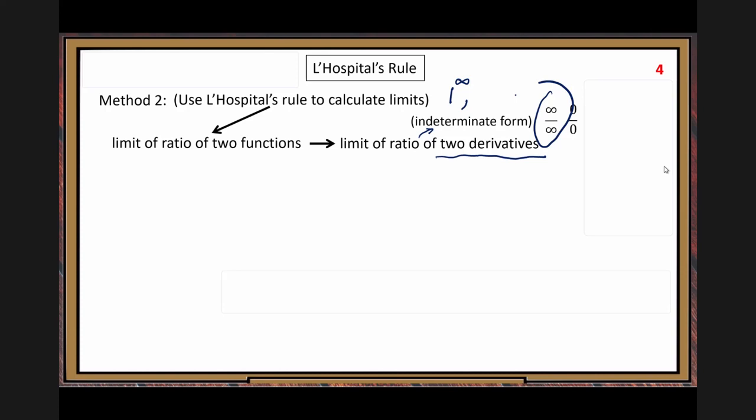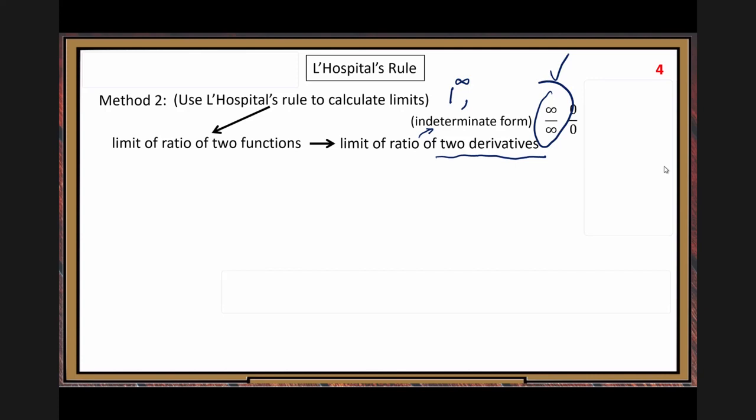So both numerator and denominator go to infinity. That's the one we consider. If that's the case, we can apply L'Hopital's rule.